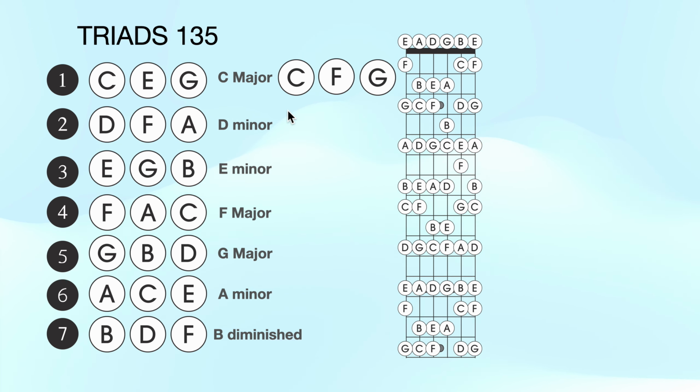What that means is that if there's a chord progression going on in the key of C and you want to find some target notes to solo off of, one of these notes will be present in each of the chords.